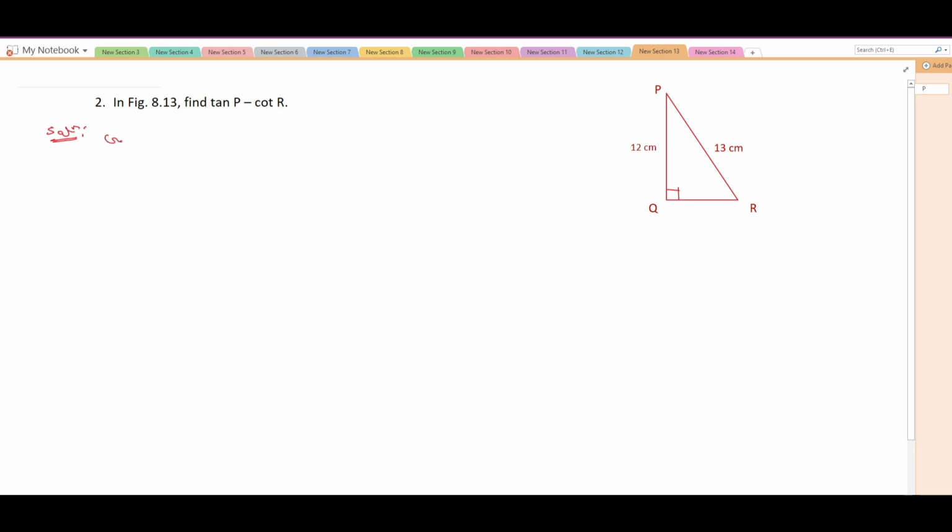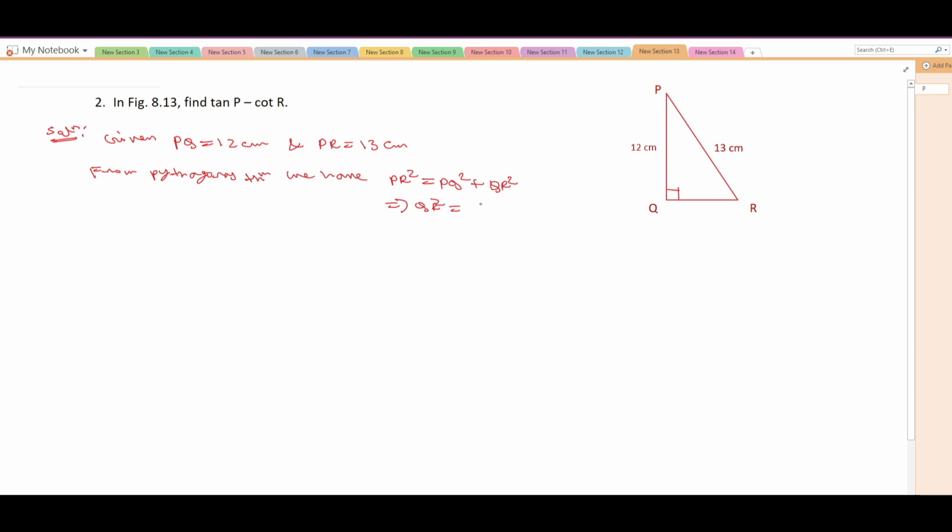Solution. Given PQ equal to 12 centimeters and PR equal to 13 centimeters. From Pythagoras theorem, we have PR square equal to PQ square plus QR square.